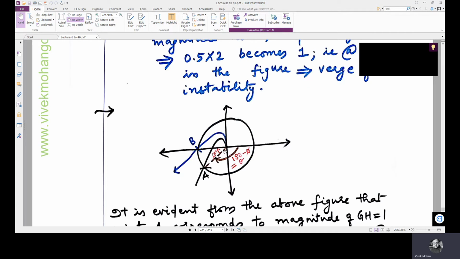Now we will see the phase margin from the polar plot. Here are two polar plots, where the first polar plot intersects the unit circle at point A, and the second intersects the unit circle at B. For the first polar plot, the angle is phi, so this is 180 minus phi.